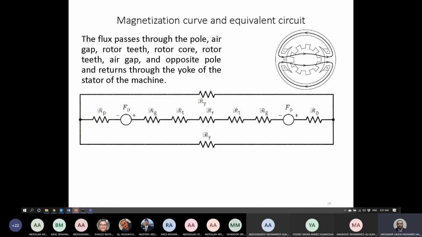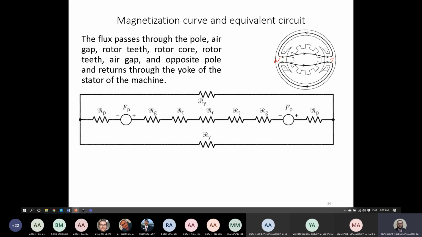We have two poles in the machine, for instance. So we expect that, assume this pole is N, and this one is S, according to the direction of the field windings. This is going to make this, for instance, N, and this is S.